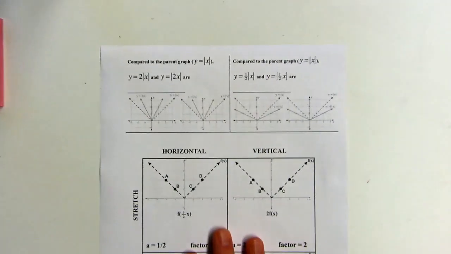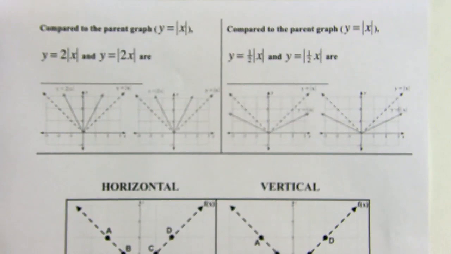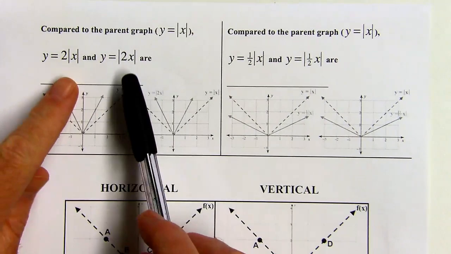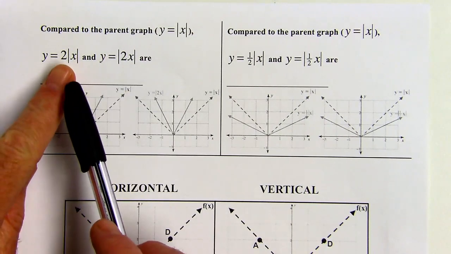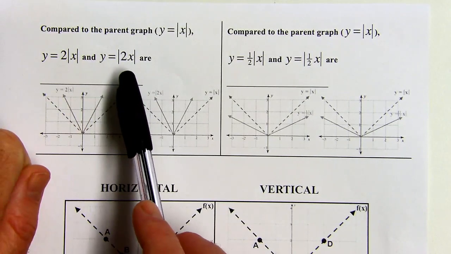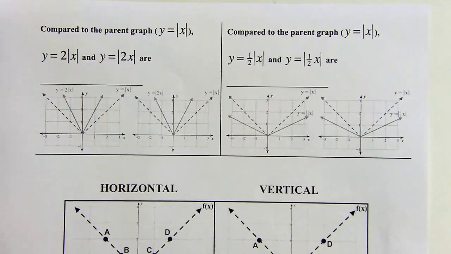This is a little hard to see at the top of this page, but a stretch or a shrink is going to make the V either look wider or narrower. On this side, we've got y equals 2 times the absolute value of x, and y equals absolute value of 2x.